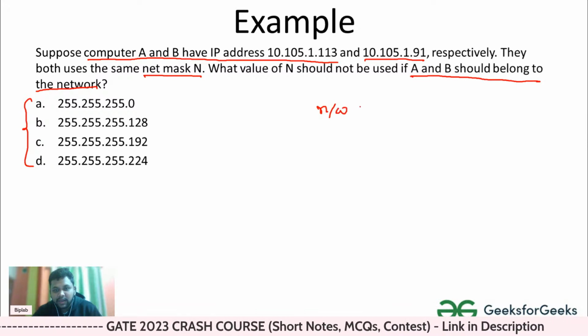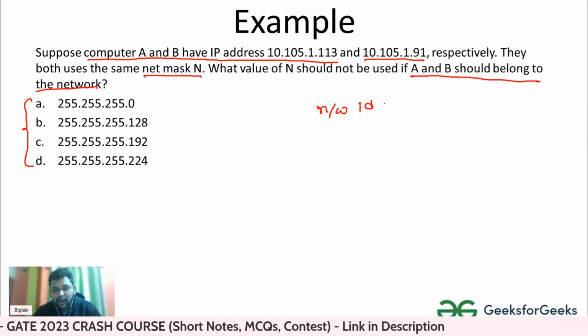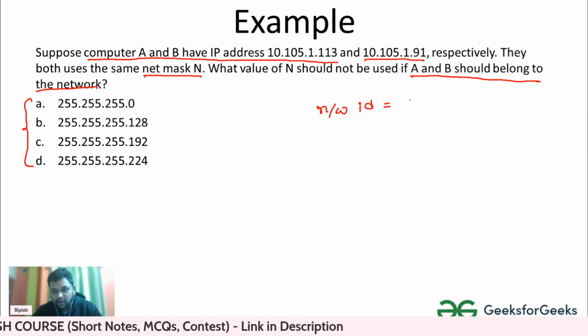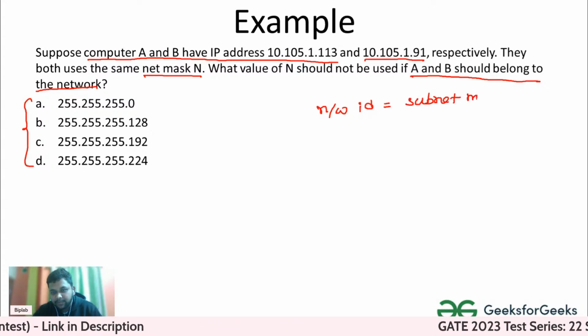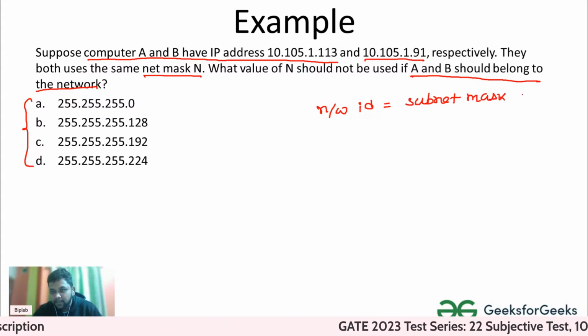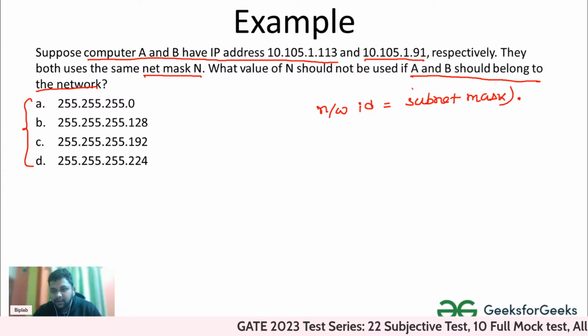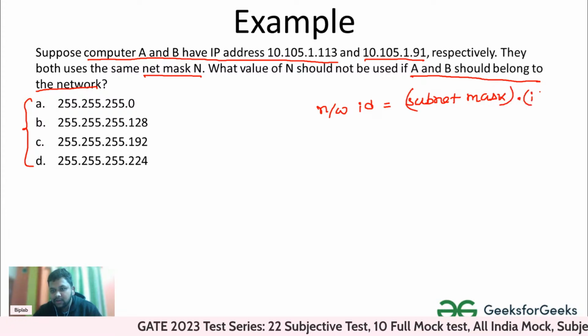Any user can get its network ID using the formula: subnet mask performs an AND operation with its IP address.